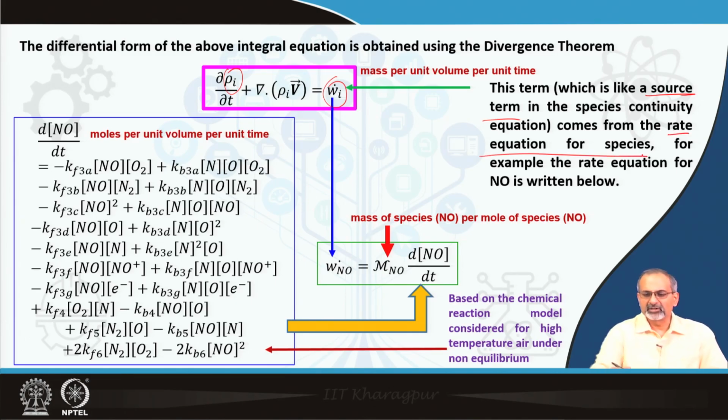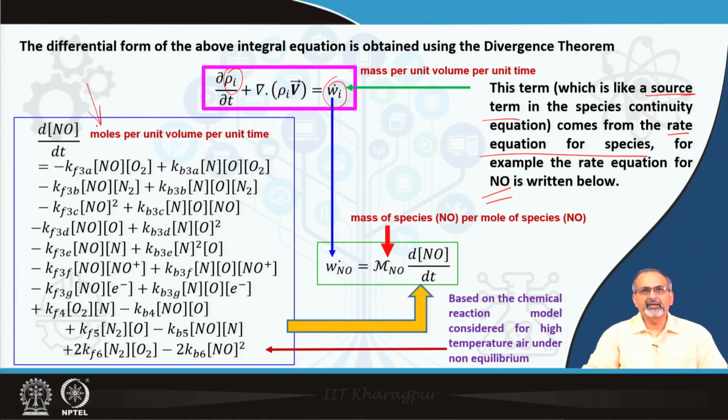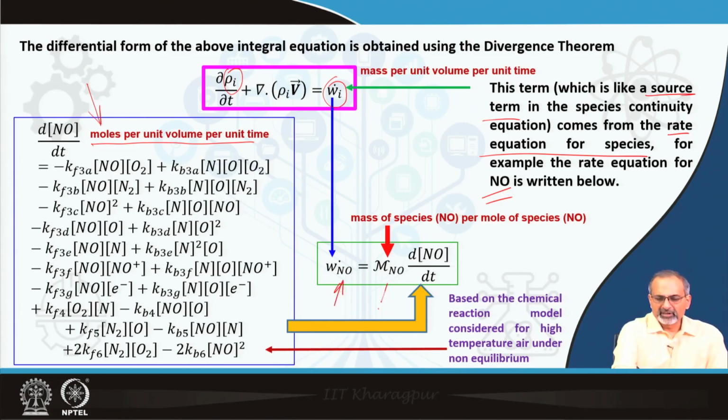For example, the rate equation for NO, if you wish to recall, this is something that we had discussed in detail earlier. In the species concentration equation written in the form of a rate equation, we have moles per unit volume per unit time, and therefore, the W dot when you apply to NO would have to be written in the form of a product of the molecular weight of the species M_NO times the time rate of change of the NO concentration.